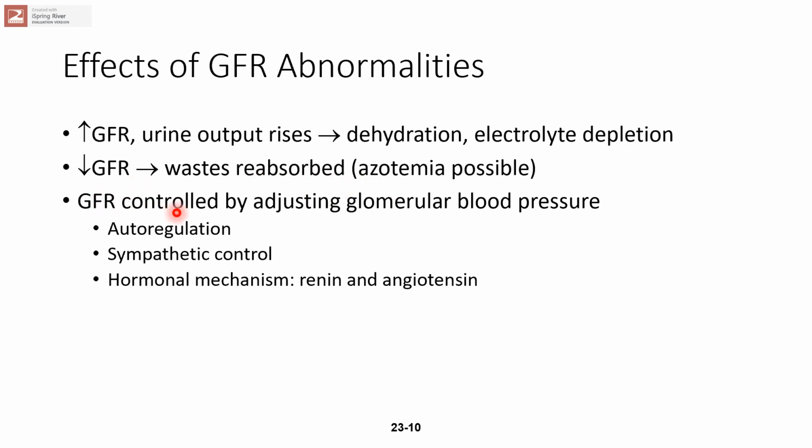The GFR is controlled by adjusting the glomerular blood pressure by 3 different mechanisms: autoregulation, sympathetic control, and hormonal mechanism. Now, we have looked at hormonal mechanism in the past, and we'll look at some intrinsic and extrinsic control mechanisms that affect and control GFR.